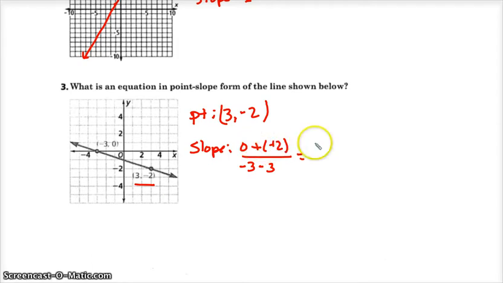Two negatives become positives. That's 2 divided by -6, which is -1/3. So your final answer here should be y plus 2 equals -1/3 times x minus 3.